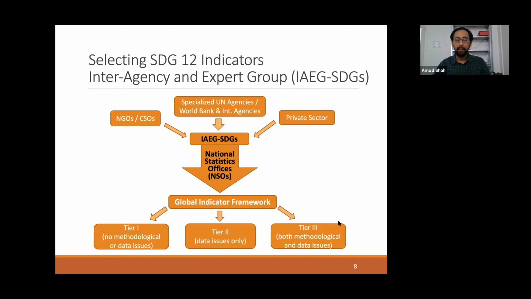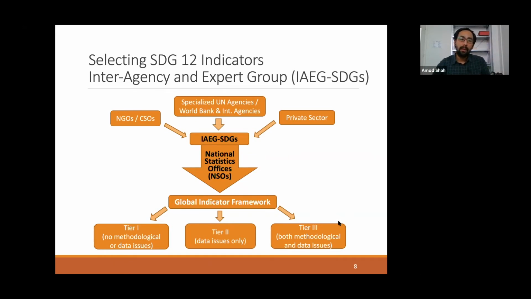But these agencies have also been very central to the subsequent development, and I'll go on to that a bit later. The IAEG-SDGs was set up in March 2015, and by about March of 2017, in 2 years' time, we had this broad global indicator framework with a whole bunch of indicators for all of the targets.